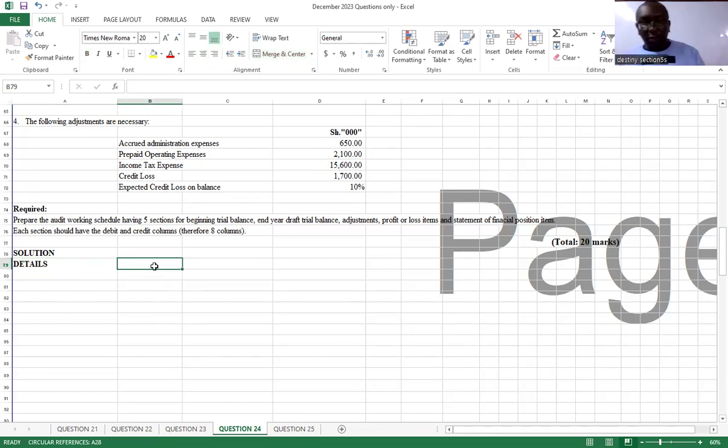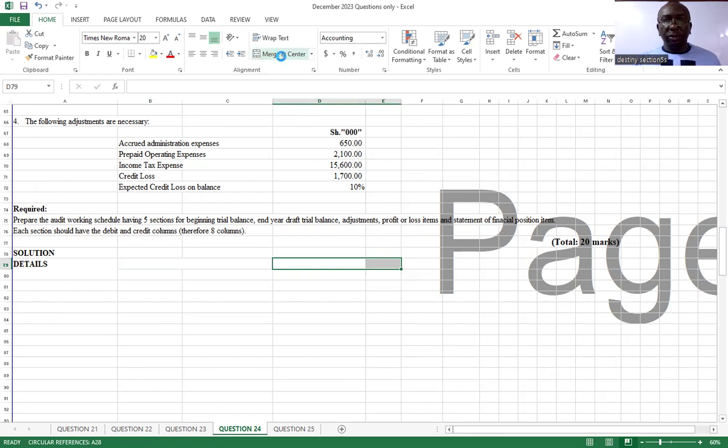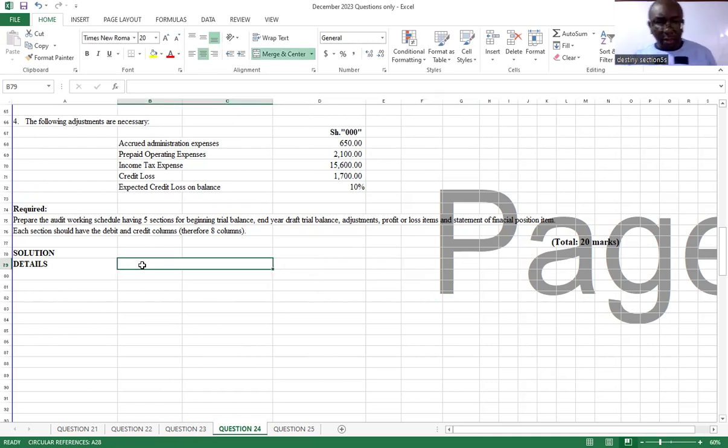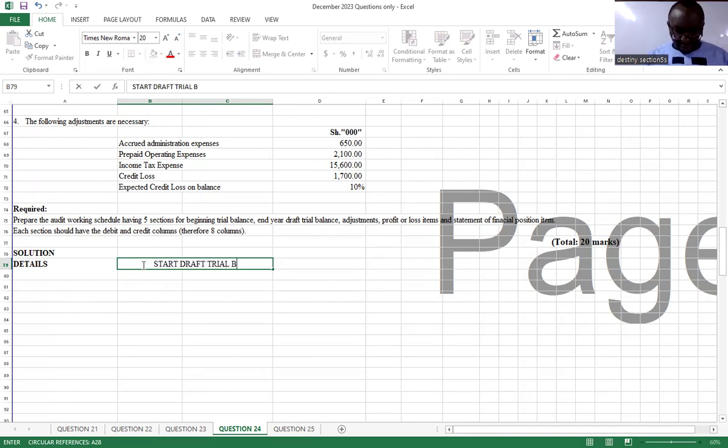Then we are told to do start draft trial balance. So these two cells, we merge them. Then I also come and merge these two. Then I also come and merge. Let me start here. So I have start draft trial balance.